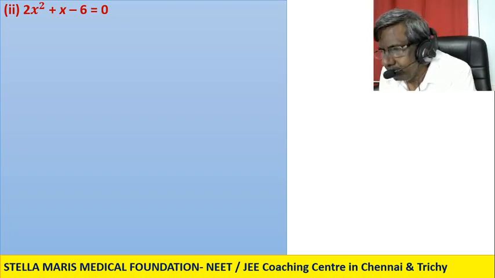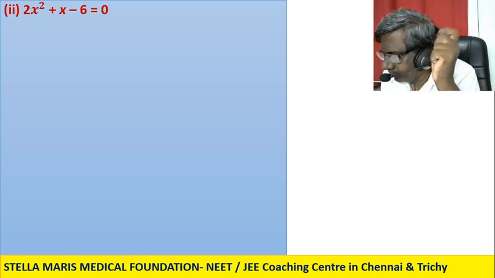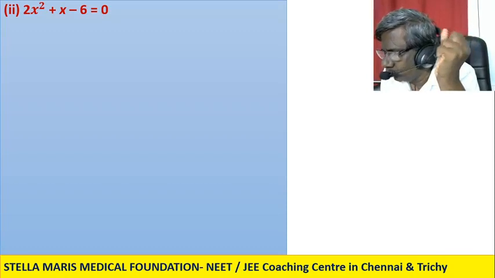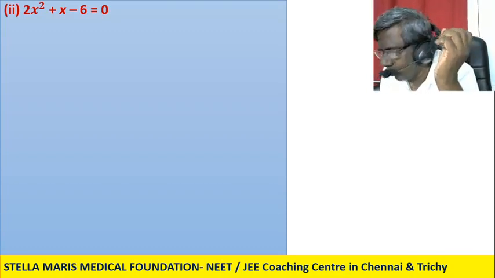Good, Sai. Very nice. Minus 2 and 3 by 2. Exactly right. Snegit, Abhishek, Shivakumar, please try and tell me. The roots should be minus 2 and 3 by 2.